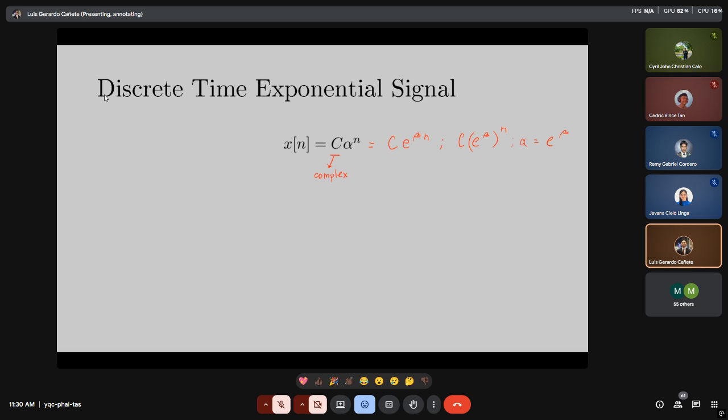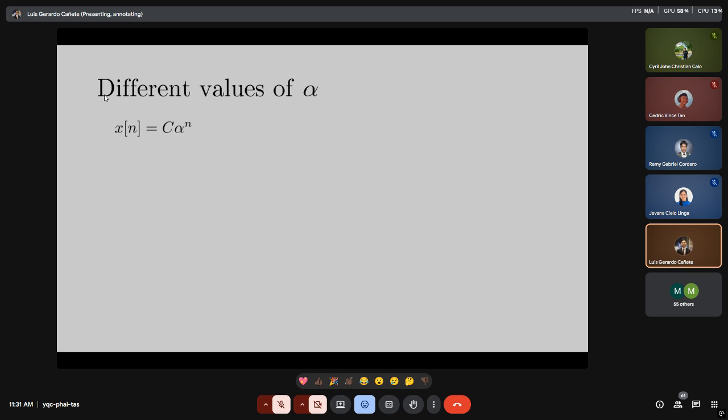And we can try to look into the effects of having this number alpha, which no longer means 2.17 something, but it's now just any number, any real number. Alpha can be any real number at this point. So let's try to see what happens when we have different values for alpha.